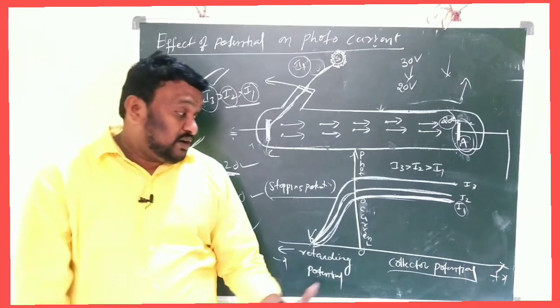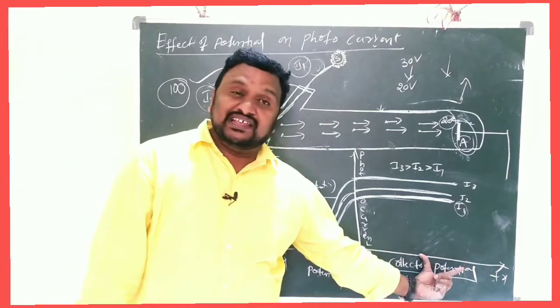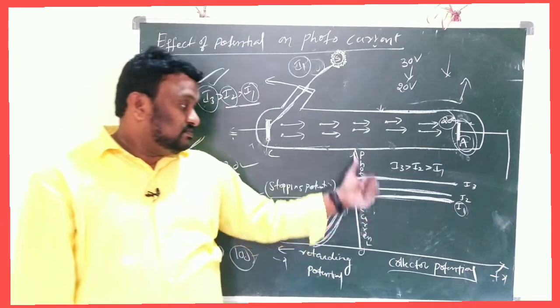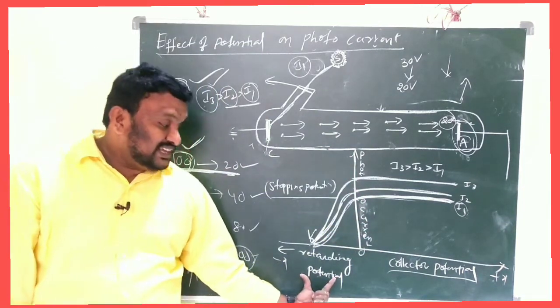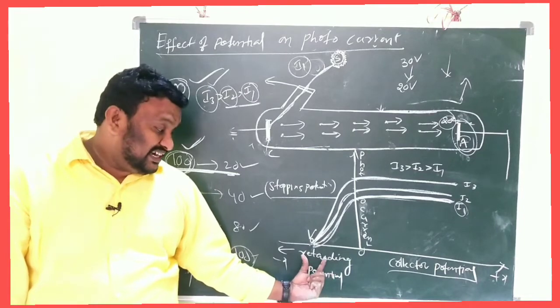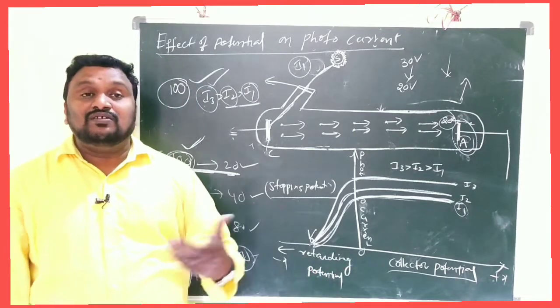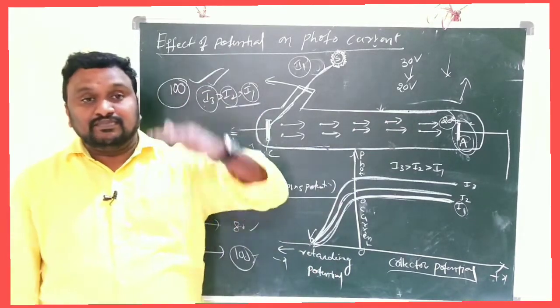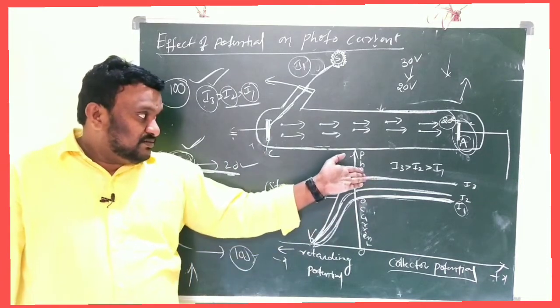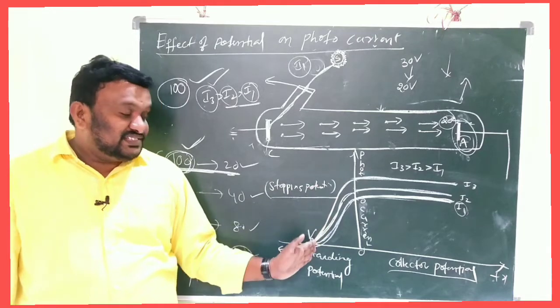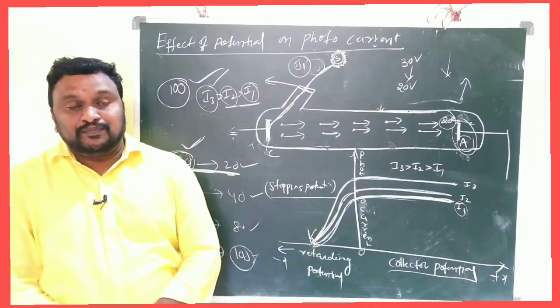And the second thing is what? When potential increases, photocurrent also increases. When potential decreases, as clearly mentioned in that graph as retarding potential, the potential of A decreases, the photocurrent also decreases and finally becomes 0.